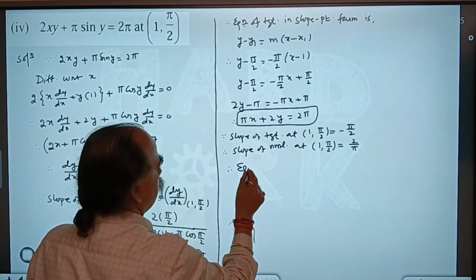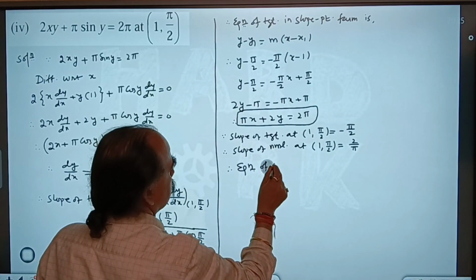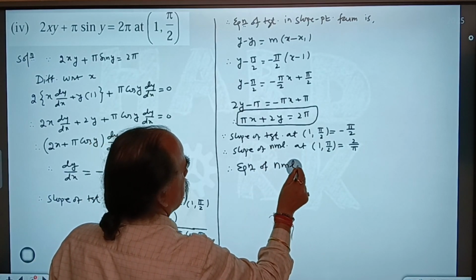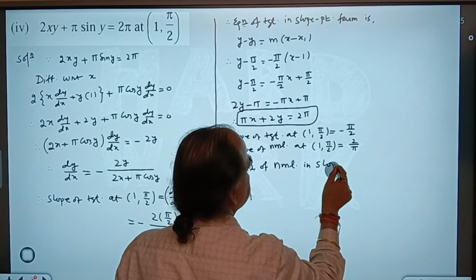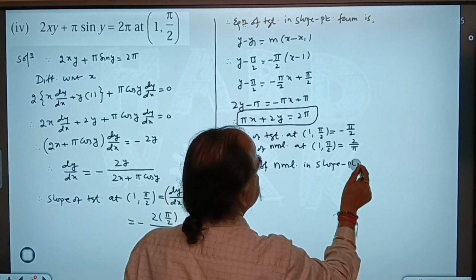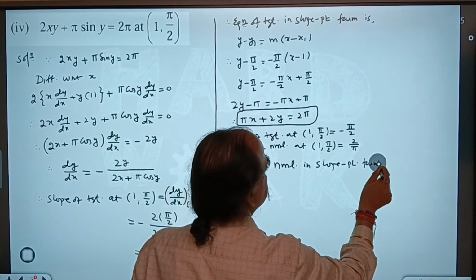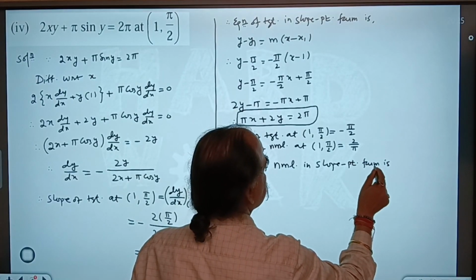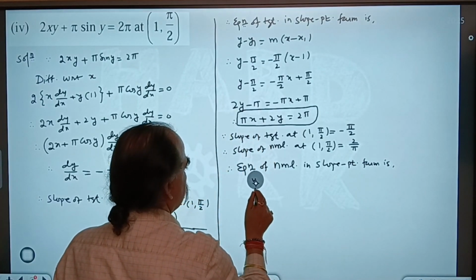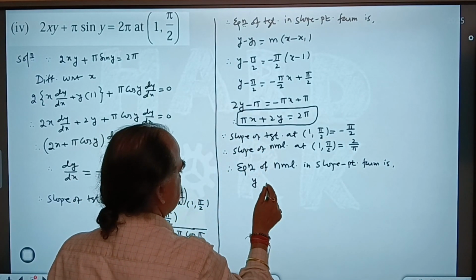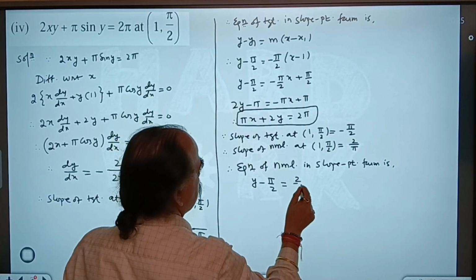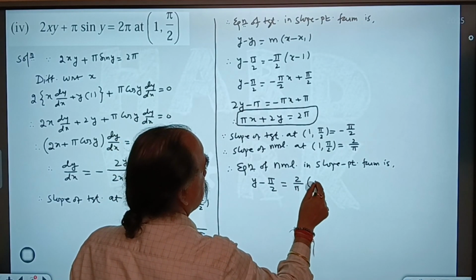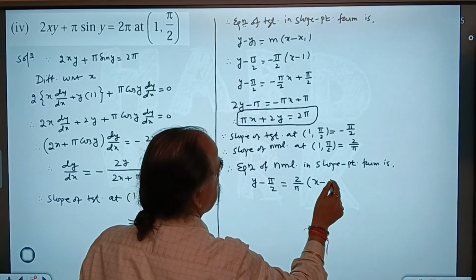Therefore, equation of normal in slope point form is y minus y1 is what? Pi by 2, 2 upon pi into x minus 1.